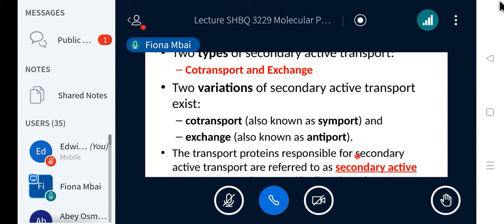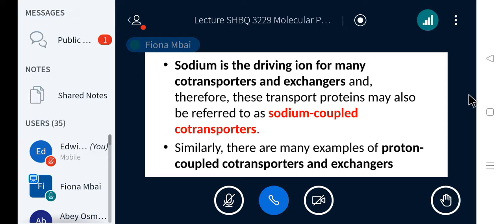The transport proteins responsible for secondary active transport are called secondary active transporters and are specifically referred to as the co-transporters or the exchangers. Sodium-coupled transporters and proton-coupled transporters and exchangers. Sodium is the driving ion for many co-transporters and exchangers.